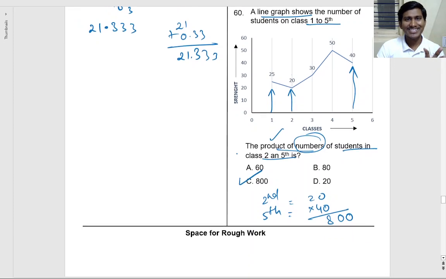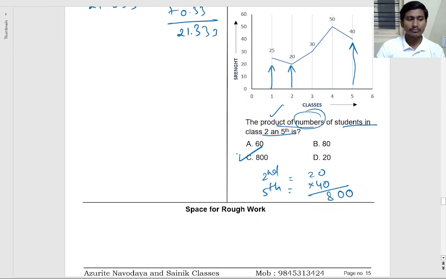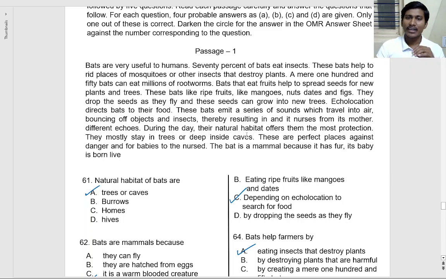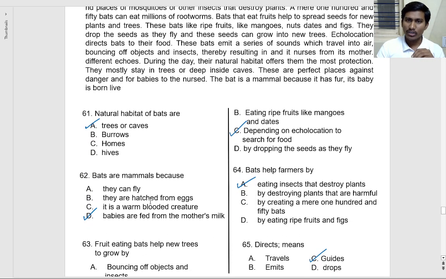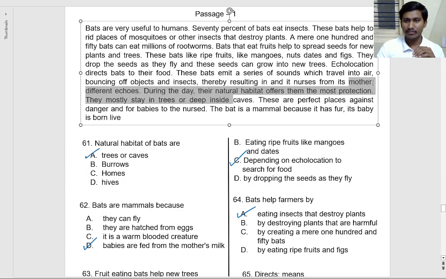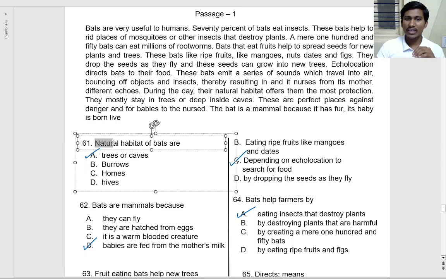Okay, so next is which section? That is the English section, right? A passage will be given, you have to read it and write the answer. Or what you can do, you can read the question once and find the answer for it. So if you see, the question is: natural habitat of bats. They drop the seeds and fly using echolocation.